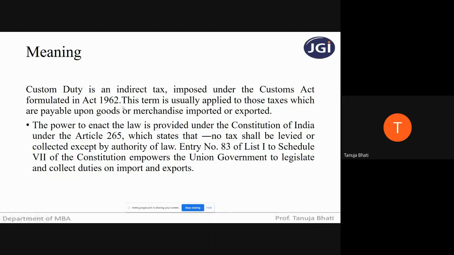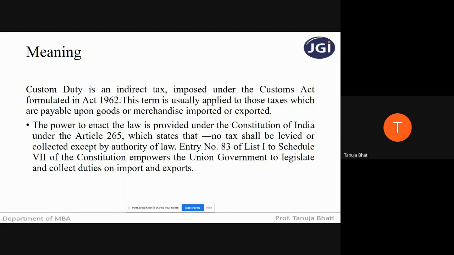As we have the Income Tax Act and the GST Act 2017, similarly there is the customs duty. Duty is nothing but tax. So customs duty or customs tax is imposed under the Customs Act 1962.